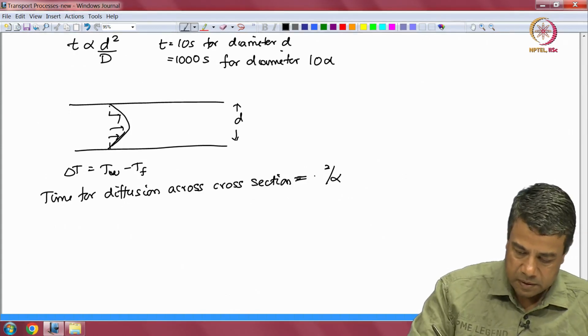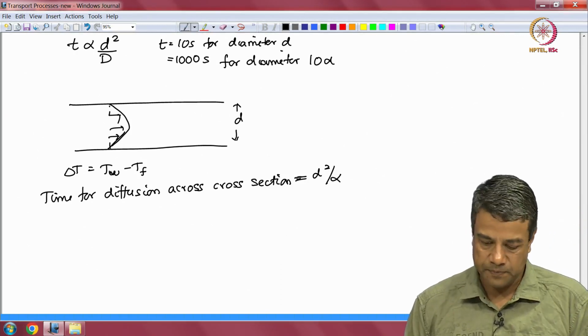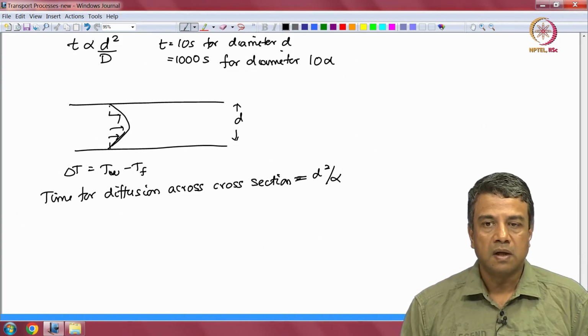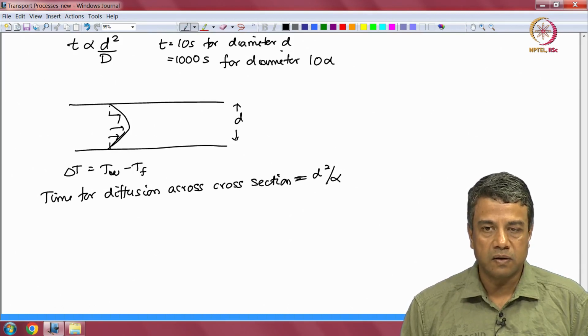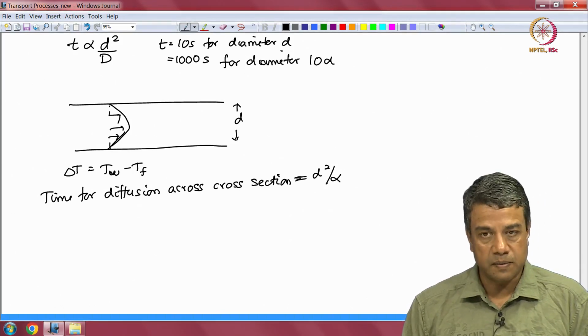So I will use the diameter d square by alpha, where alpha is the thermal diffusion coefficient. That is the time taken, if you apply a higher temperature at the wall, for that heat to diffuse in and equalize the temperature across the cross section. That is d square by alpha.